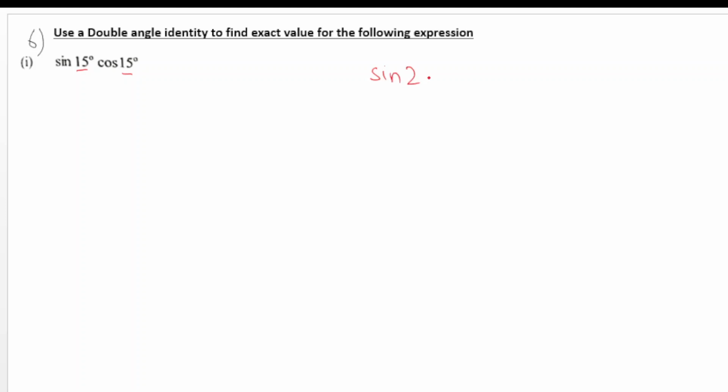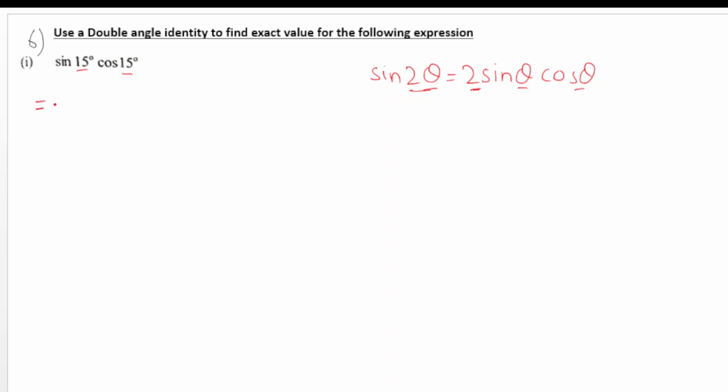We know that sine 2 theta is equal to 2 sine theta cos theta. Basically, you people are mostly using alpha over here, so no problem. We can use anything. Here we have the double angle, here the single angle. The 2 must be there, but no 2 is here.